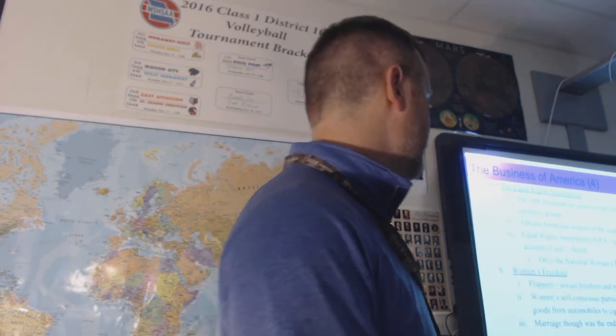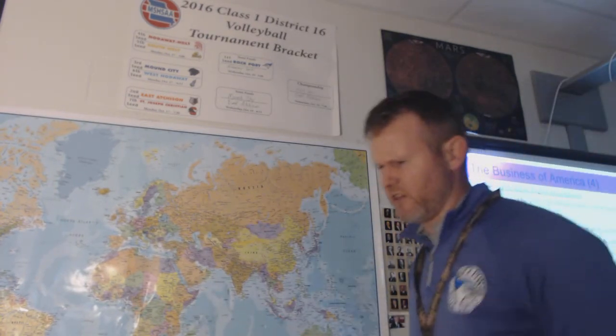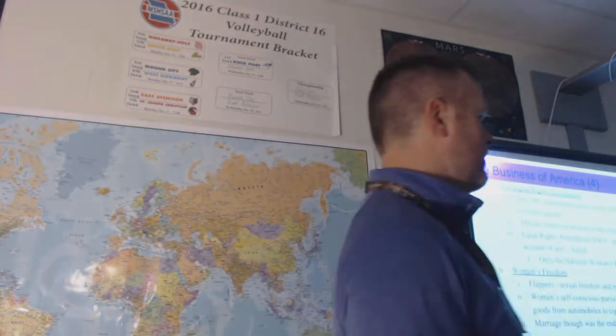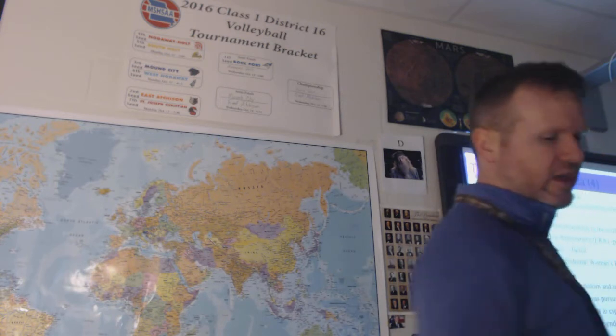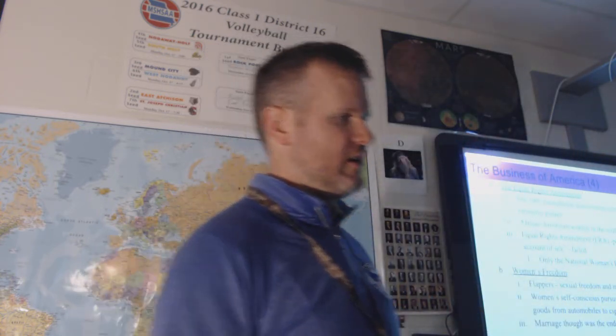Women's freedom. Flappers will represent sexual freedom and a more open society for women. Yes, if you've seen the photos of them, the flappers, dressing, dancing, short skirts, short hair, pretty revealing. The 20s represent the opportunity for women to really express themselves, to their parents' sadness, I should say.